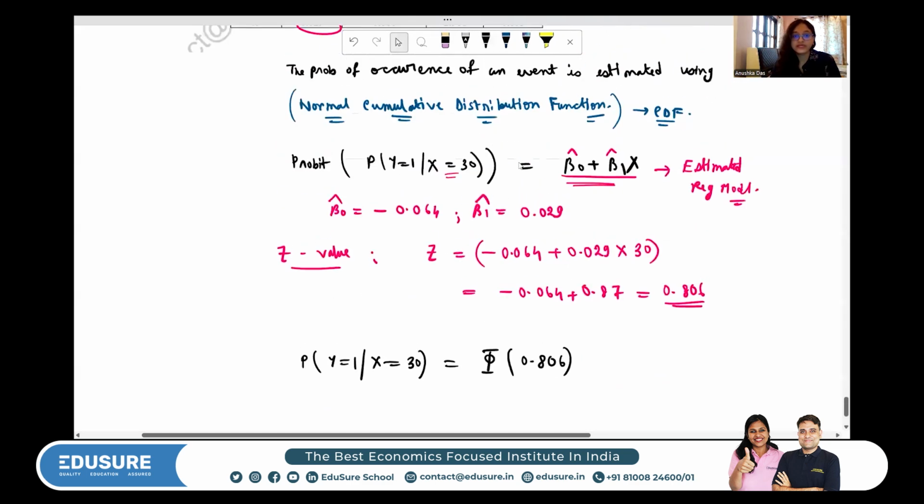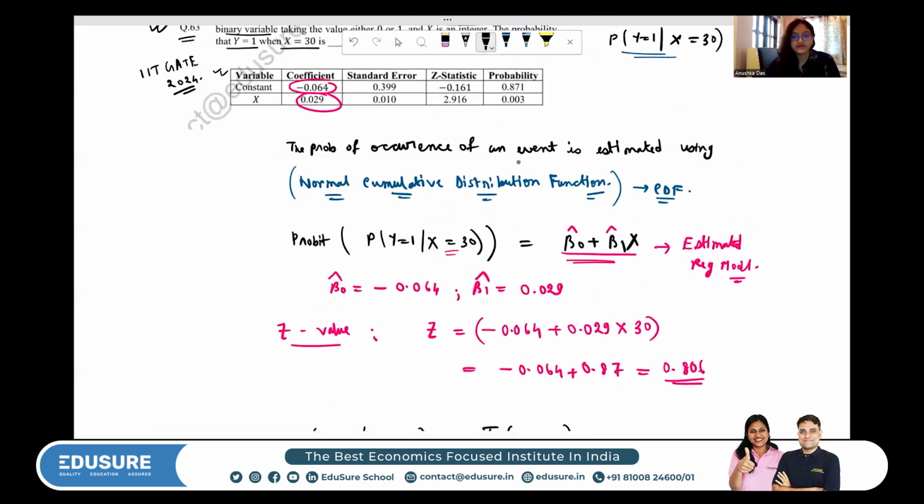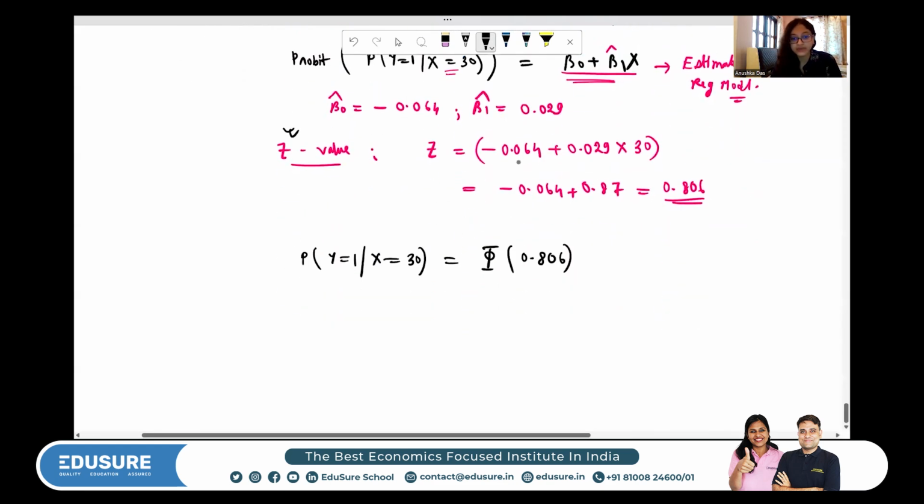What I told you earlier is that for the probability of occurrence of any event, you have to calculate the z score and look at the normal CDF table given in your statistics books. You look up the normal CDF value corresponding to the z value you calculated, and that will give you your probability. So let me do that.